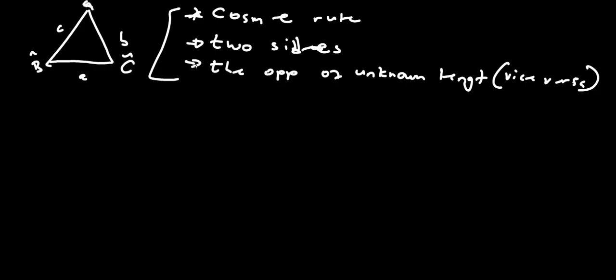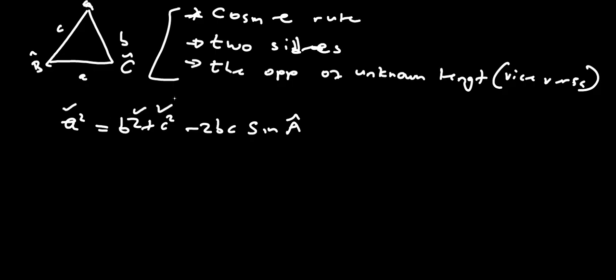Also, when we go to the other side, if you have all sides but you need an angle, let's say you have all these sides but you need the angle A. Remember, the cosine rule is A squared equals B squared plus C squared minus 2bc, and then cosine of angle A. So if you have these three sides, you are able to get your angle A there.